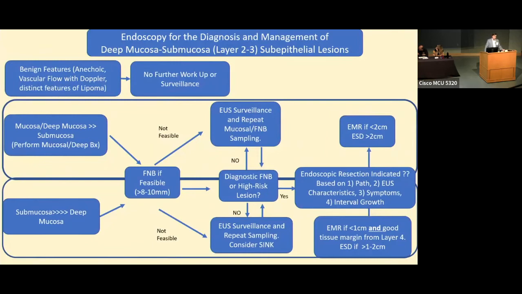If it's deep mucosa and FNB is feasible, usually these lesions have to be greater than 8 millimeters, you perform FNB. If FNB is diagnostic, then you've made your diagnosis, and then you have to think about what exactly the lesion is for the management algorithm. Based on pathology, EUS characteristics, symptoms, interval growth, and patient candidacy, you can consider endoscopic mucosal resection or ESD for those lesions, or referral to a surgeon for resection.